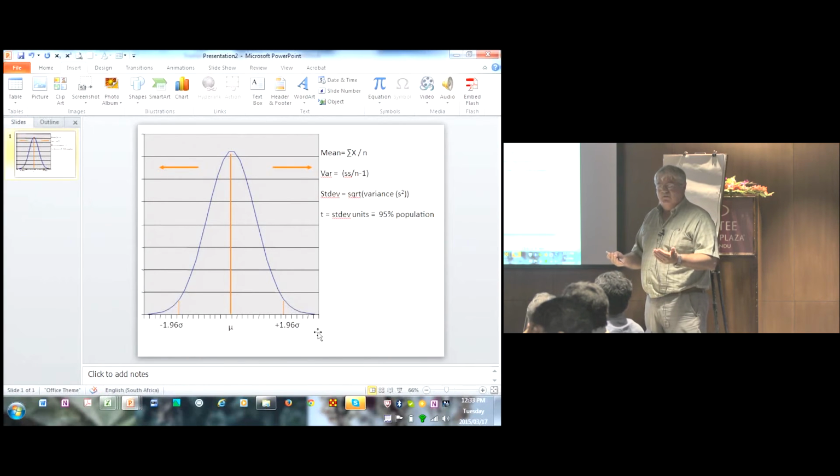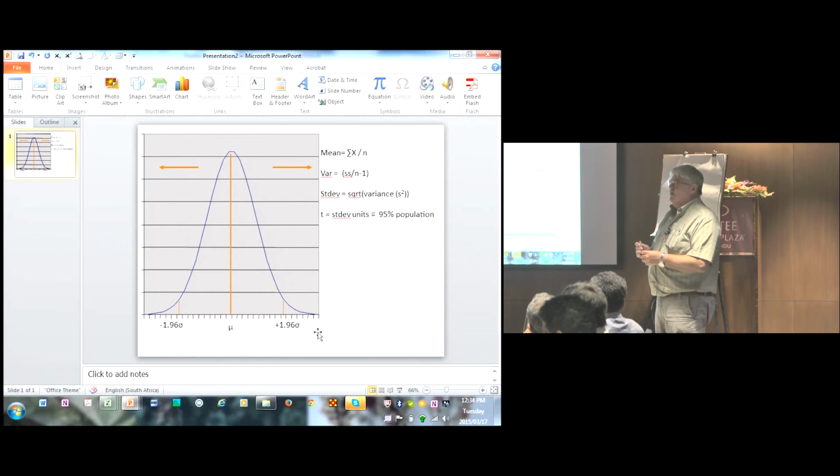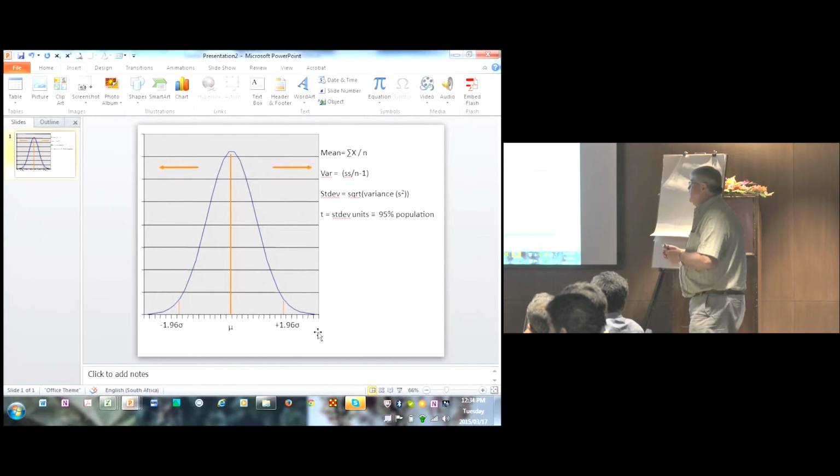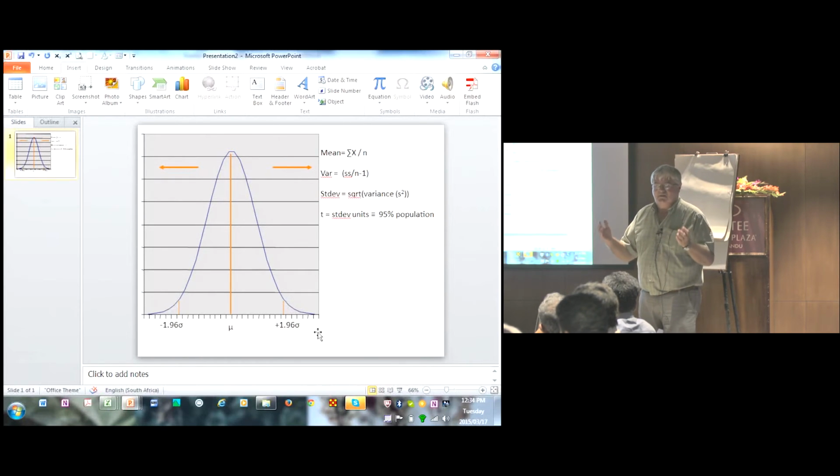What do we call that value? It would be the standard deviation units required to cover 95% of the population.